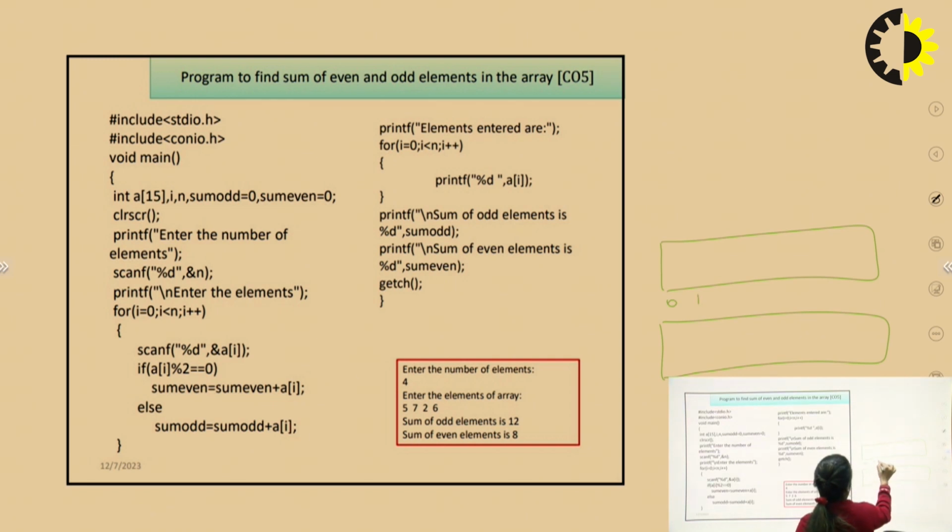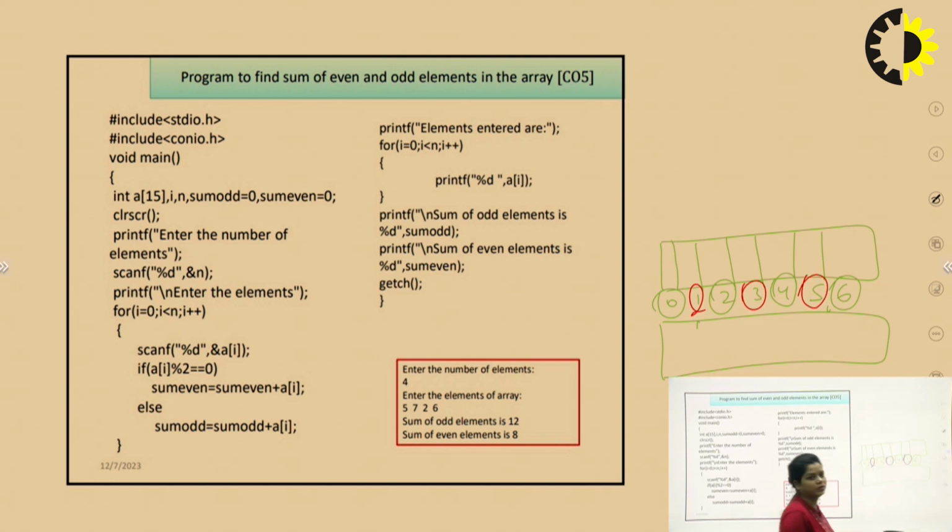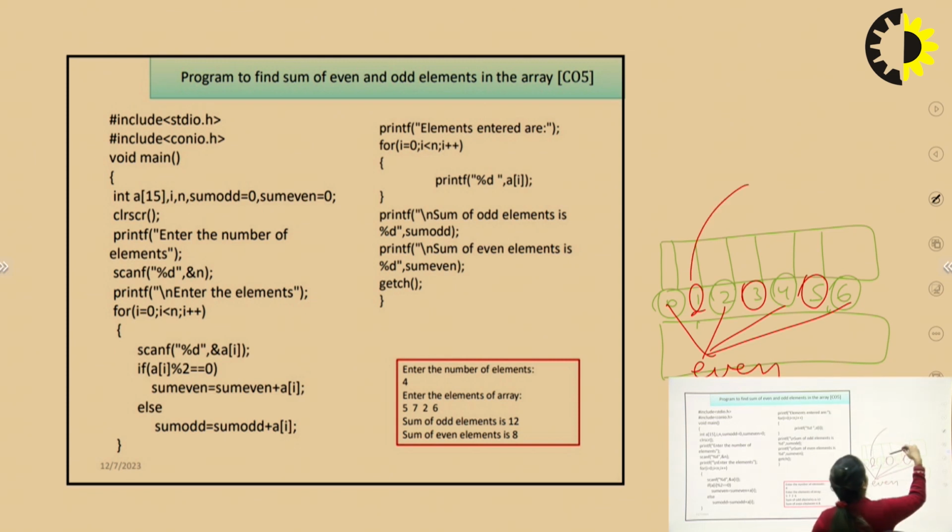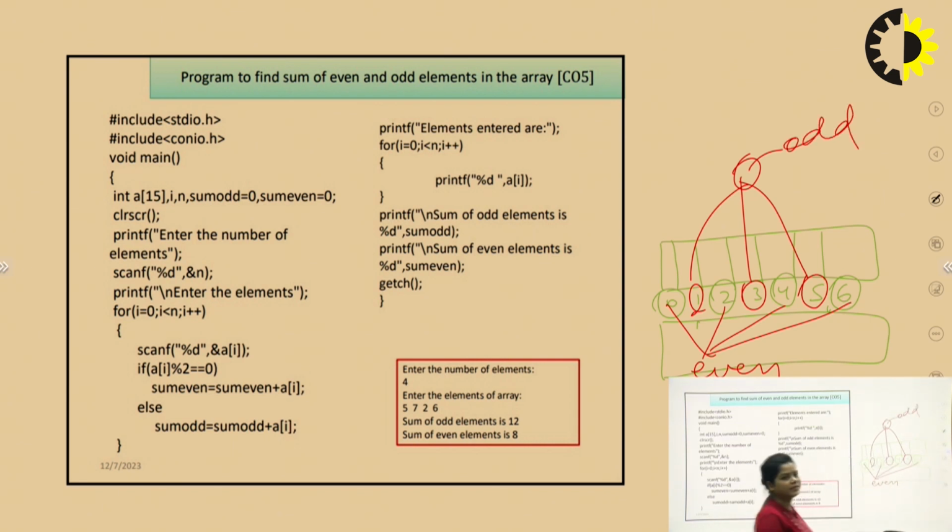Means 0, 1, 2, 3, 4, 5, 6. Well, in this case, these numbers will be odd, and these numbers and so on. Okay, the sum of these numbers will be generated as even, and the sum of these numbers will be generated as odd elements.